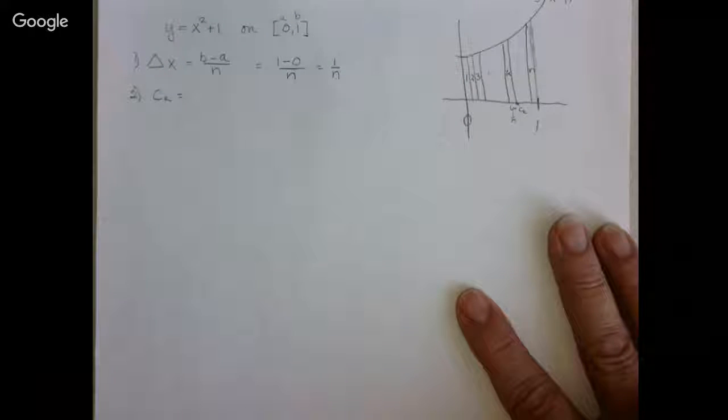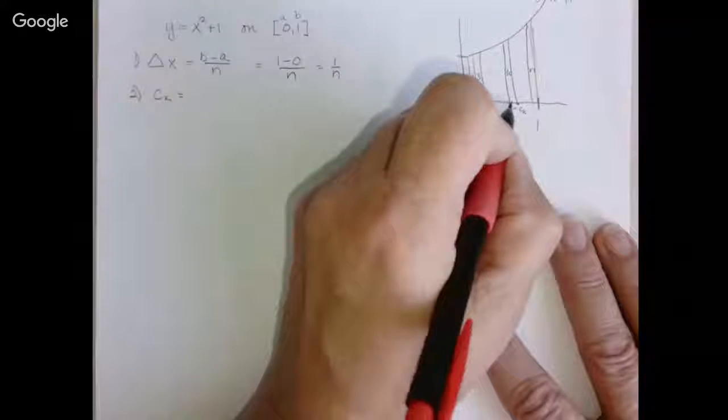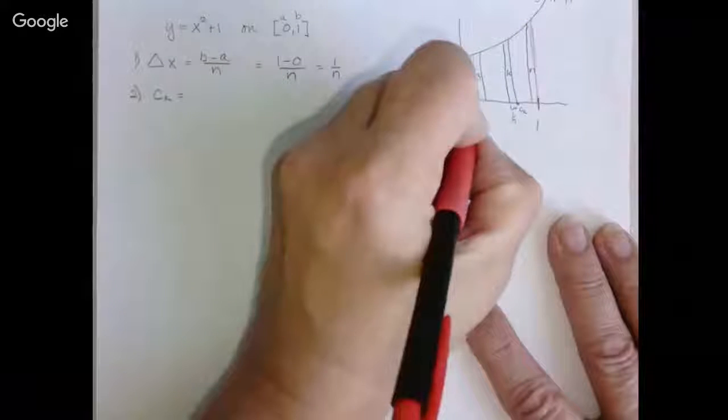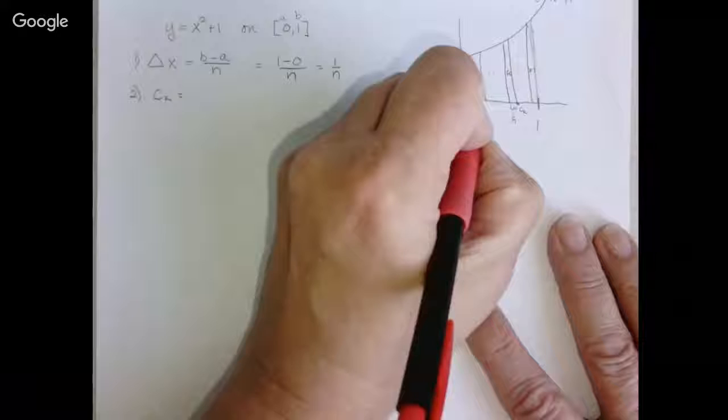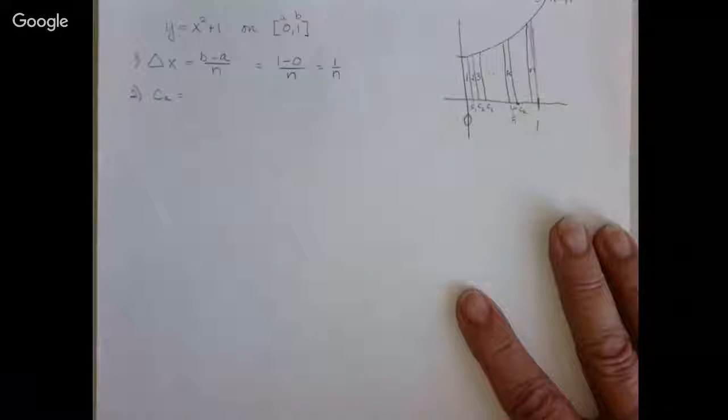If I stuff in an infinite number of boxes, those boxes are going to get infinitely thin, and it's not going to matter whether I use C sub k to be the midpoint or the left side or the right side or any point in between. So for ease of notation, I'm going to pick C sub k to be the right endpoint. So this will be C1, and this will be C2, and C3, and so on.